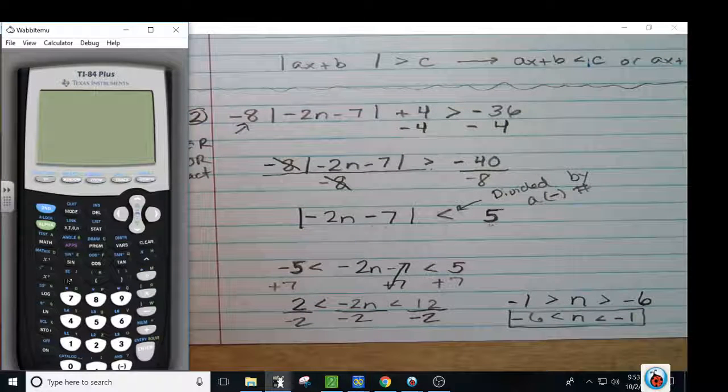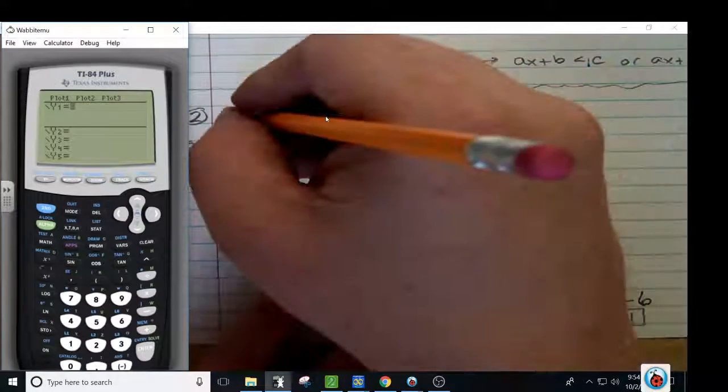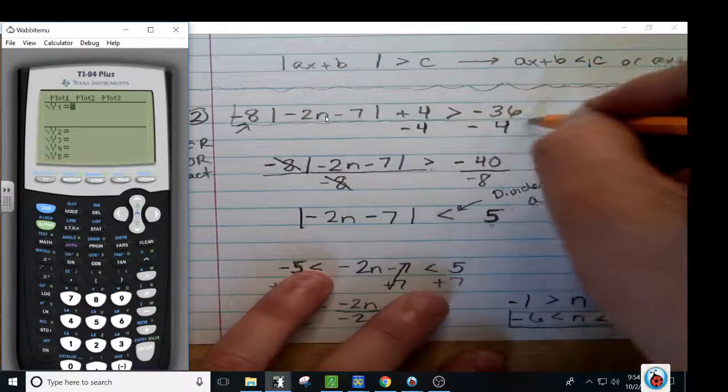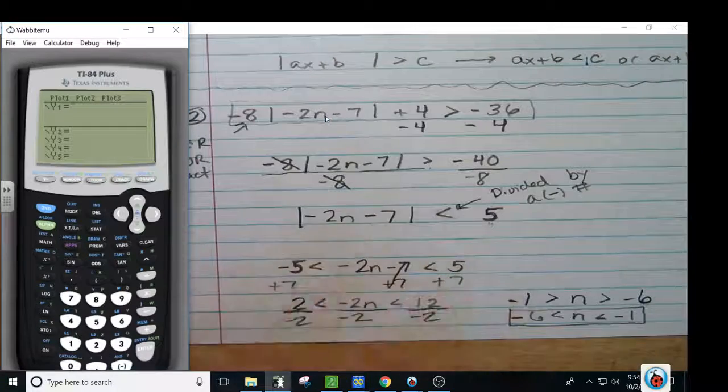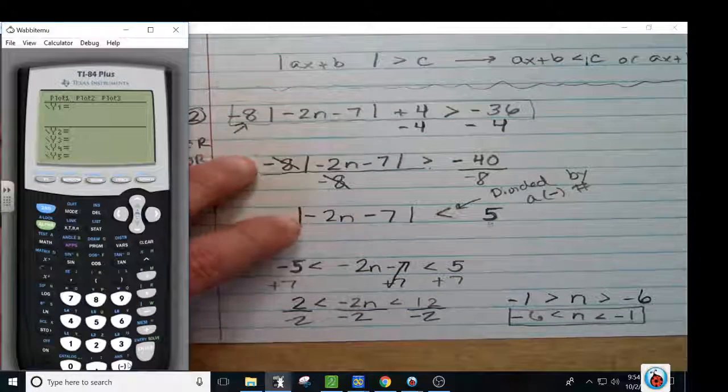Okay. Now, if you turn this on, go to y equals, clear everything out. Now my original equation was this right here. That's what we got off the paper. Now, we're not going to put equal signs or greater than or equal to or anything like that in here. What we're going to do is put the left side in Y1.